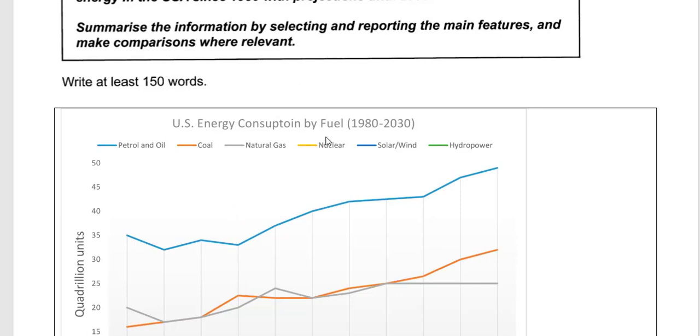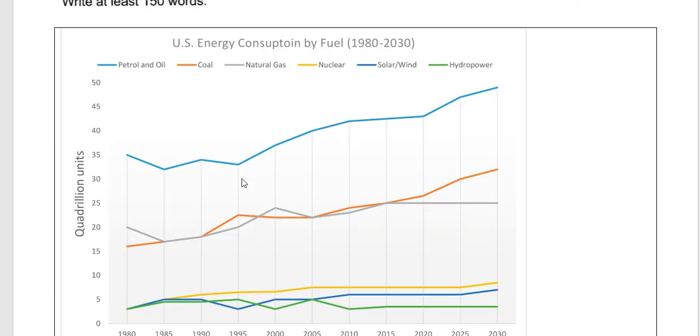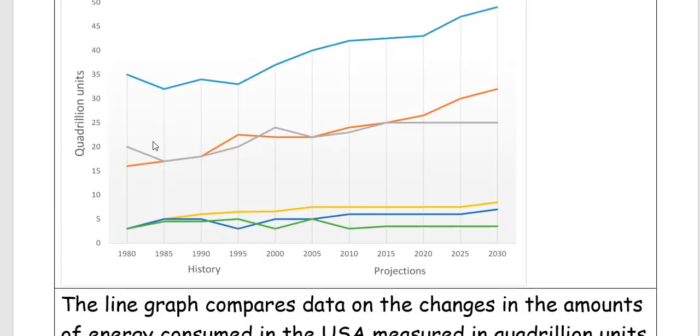We have a particular period from 1980 to 2030, and we have different kinds of energy sources such as petrol and oil, coal, natural gas, nuclear power, solar, wind power, and hydropower. And we have our measurement given in quadrillion units.